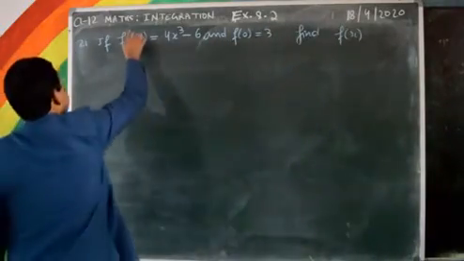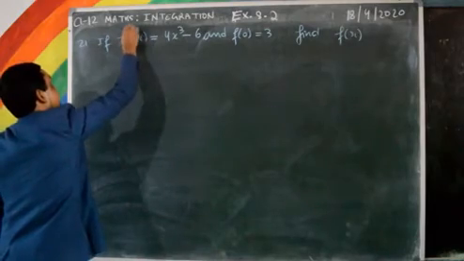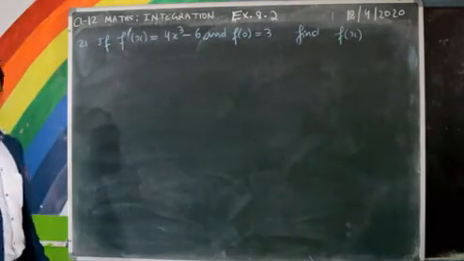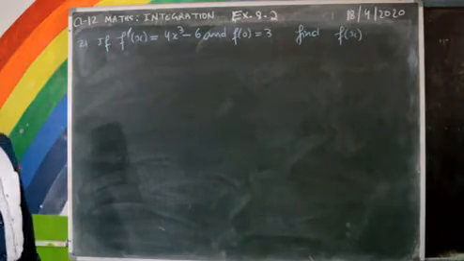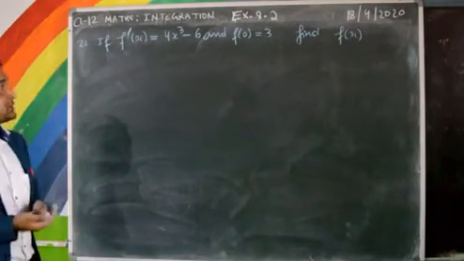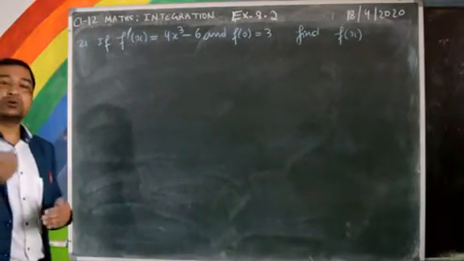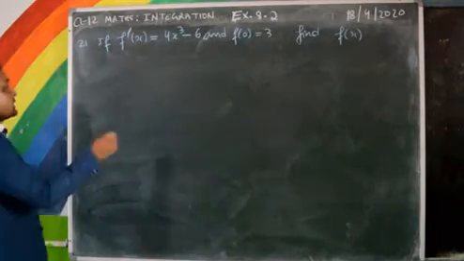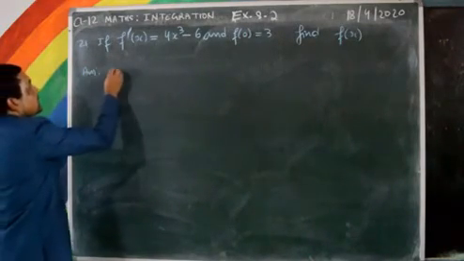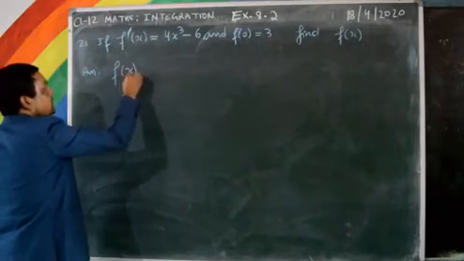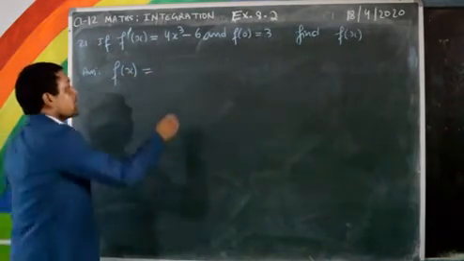Now, dash means differentiation because we already learned differentiation. Dash is the symbol for differentiation. Then to get the anti-differentiation means integration. From differentiation, to get the main equation, we have to do integration.